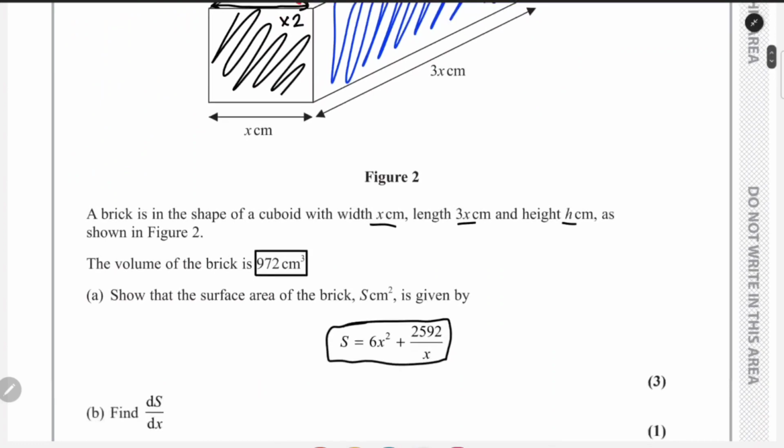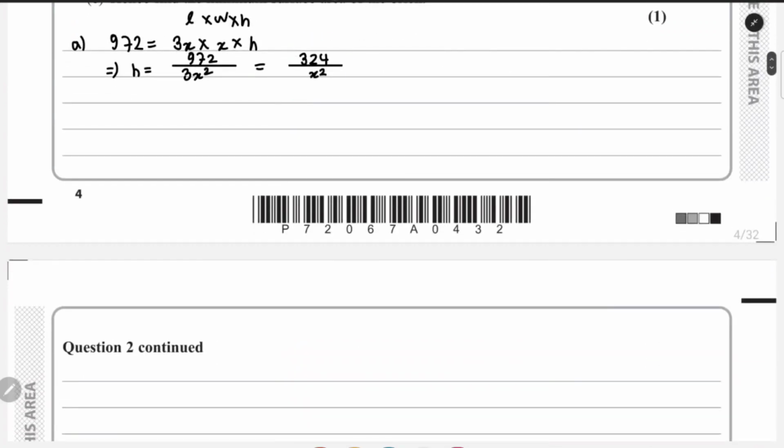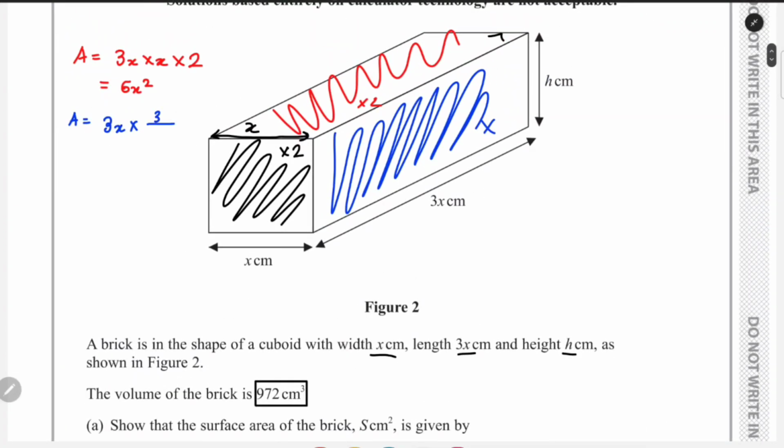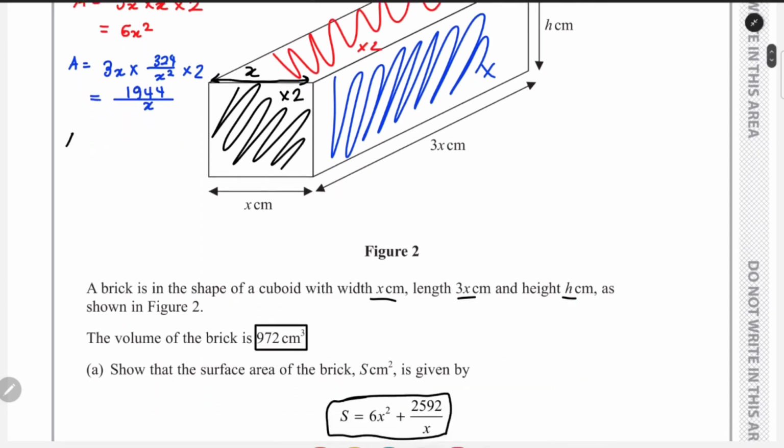We know that h is 324 over x squared, so multiply that and then multiply it by 2. We'll get 1944 over x. And the black area, this length is h and this length is x, so x times 324 over x squared times 2.